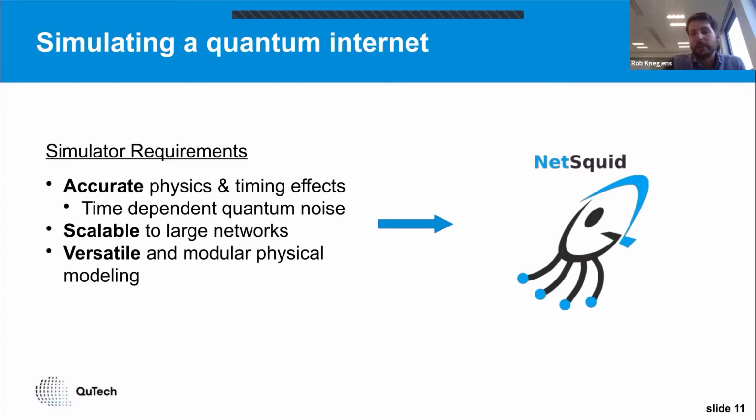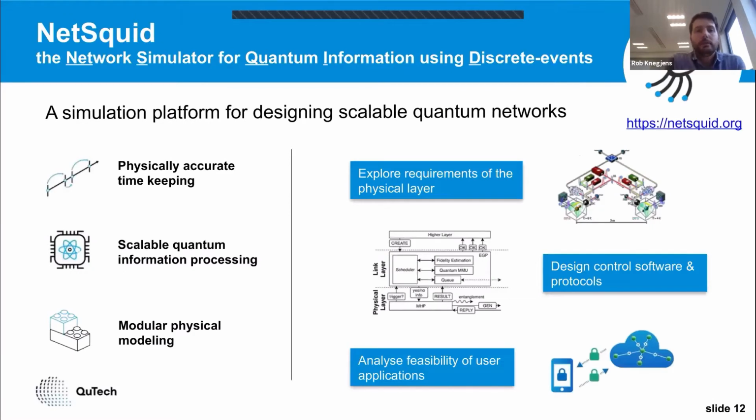And with these ideas in mind, we ended up with NetSquid. So NetSquid is an acronym for the network simulator for quantum information using discrete events. So it's effectively a simulation platform meant for designing scalable quantum networks, as well as modular quantum computing architectures. And as I just mentioned, it aims to address these different simulation requirements, such as being able to accurately track time, scale to large quantum processing tasks, and be modular.